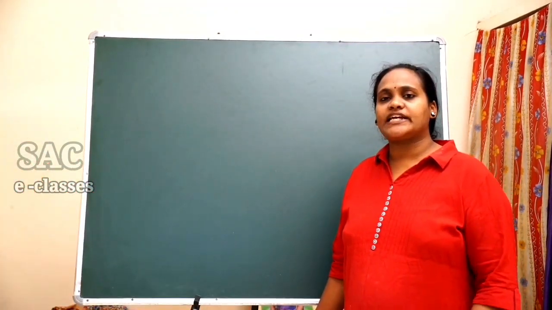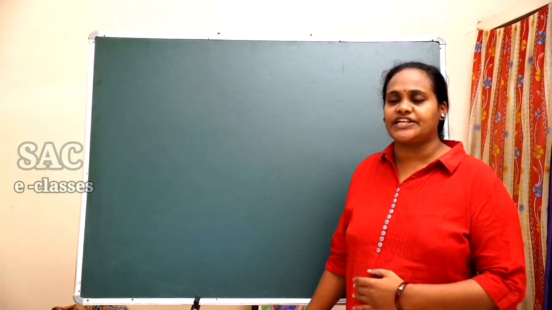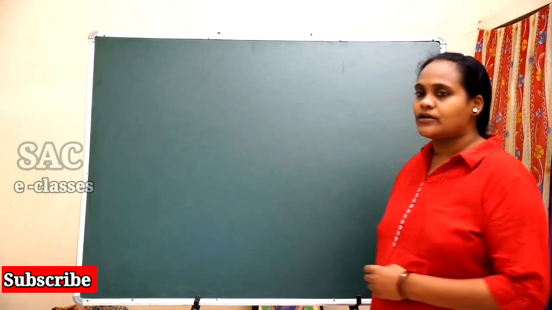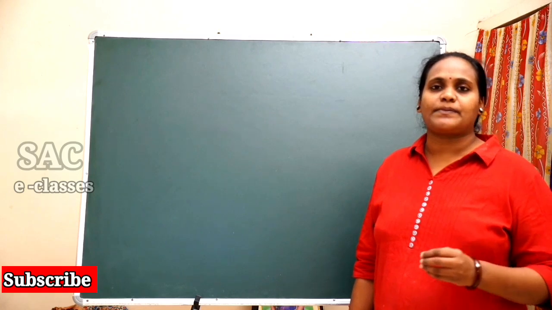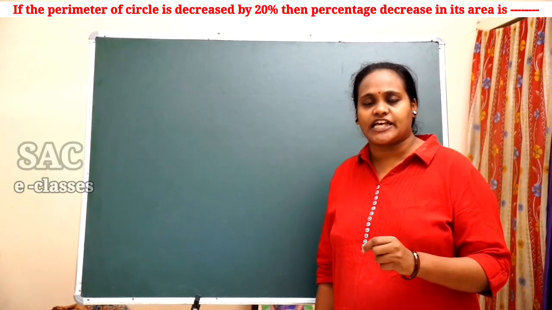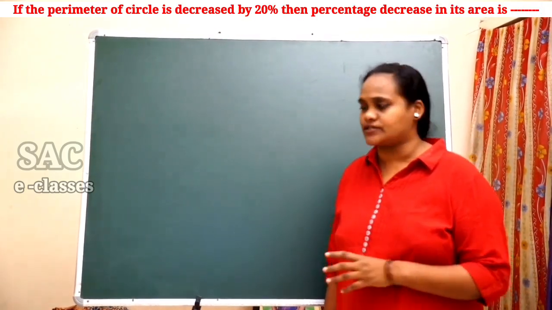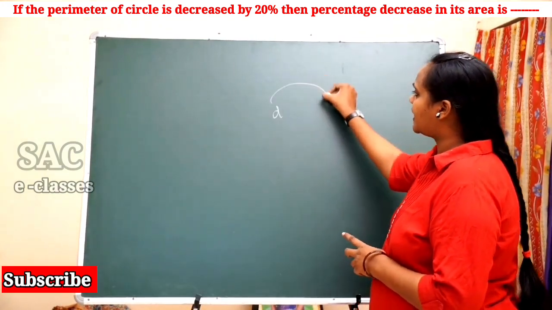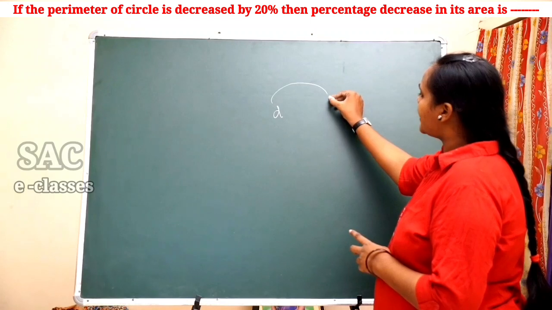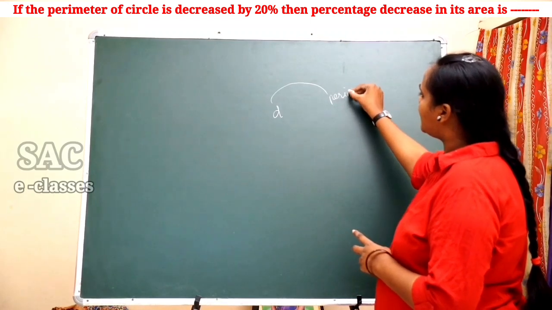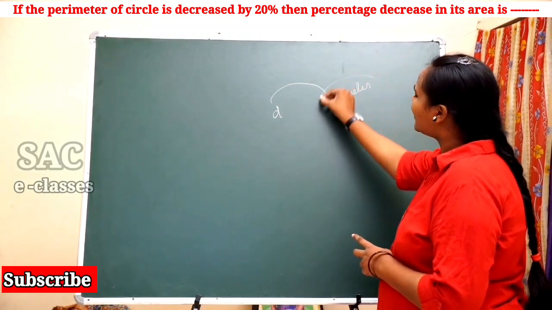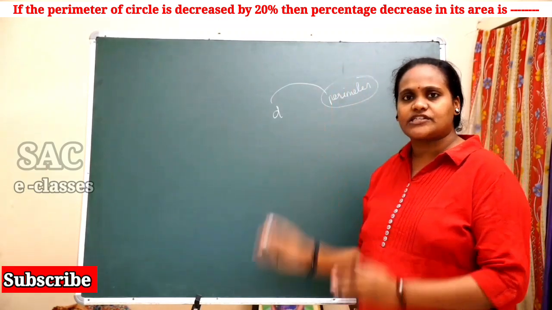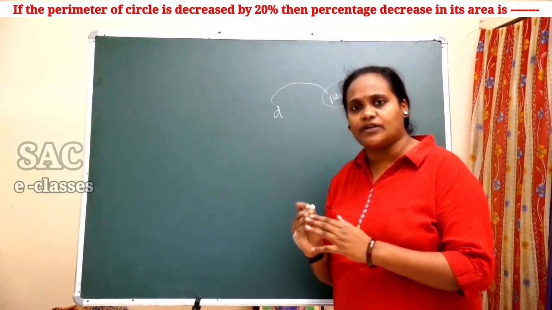Now if the radius of a circle was decreased by 20%, what will be the percentage change in its area as well as in its circumference? I told you that a dimensional change is a direct change, it is the same for the perimeter. So that means the circumference also will be decreased by 20%.